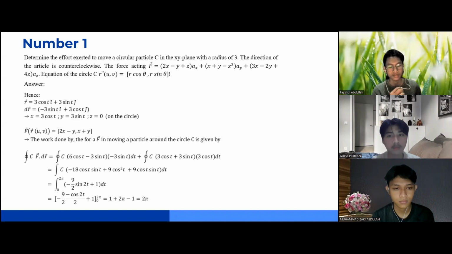The result is 1 plus 2π minus 1, which equals 2π. So the work exerted to move a particle along the circle C in the xy plane is 2π.